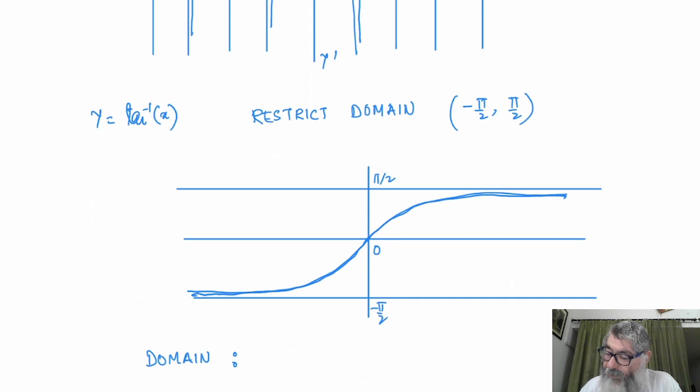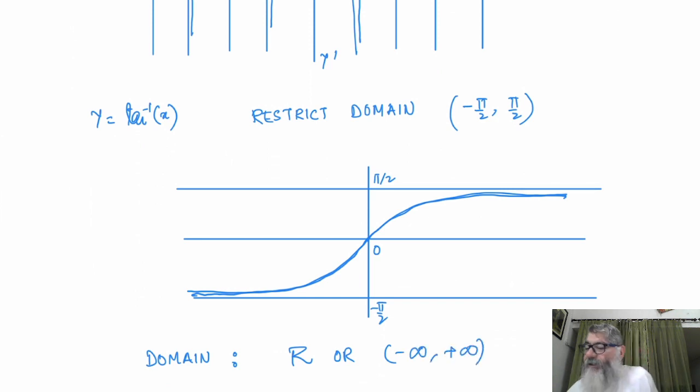So domain is the set of real numbers or minus infinity to plus infinity. It is the same thing, written in different ways. Now what is the range?